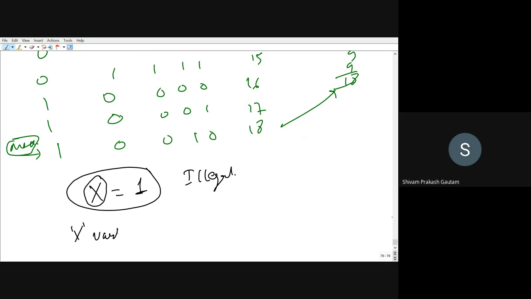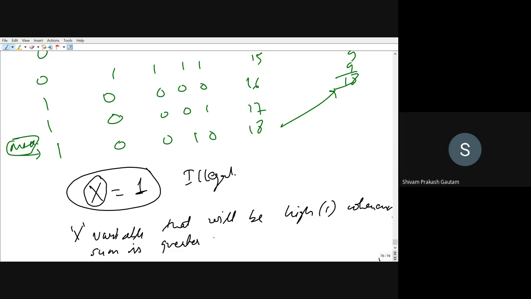X is a variable that will be high, or 1, whenever the sum is greater than 01001, which is 9. Up to this point, is it clear?